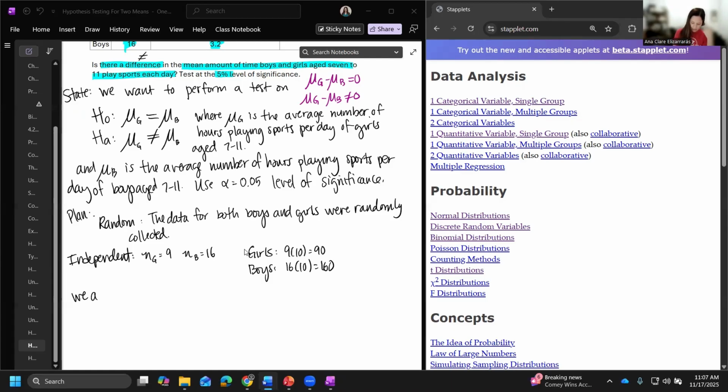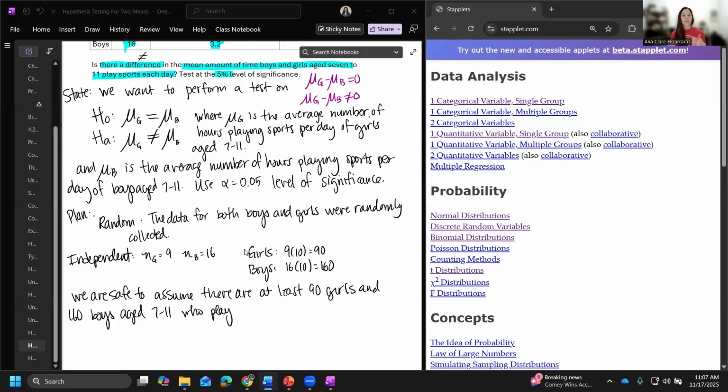And I think that's a safe assumption. We're not told that this is like a super small town where there's only 20 kids, so we're just assuming that we're in a town where there's more than this, and they did a random sample.